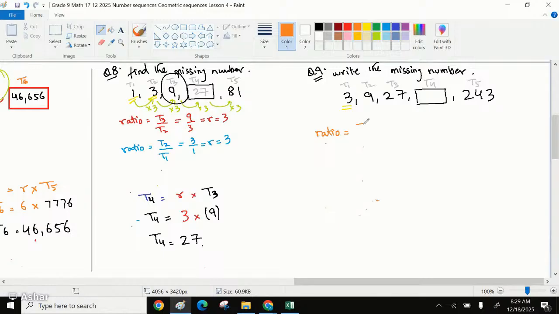That means we can say term 2 divided by term 1, the ratio comes out to be 3. Or the ratio is term 3 divided by term number 2. The ratio still comes out to be 3. So if we have a constant ratio, that means every term is thrice.